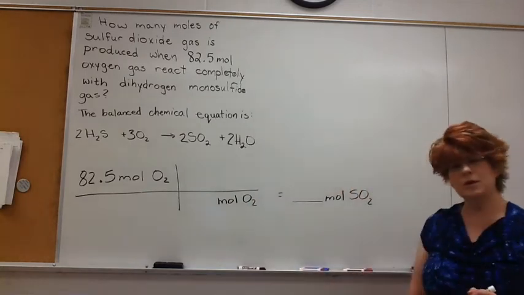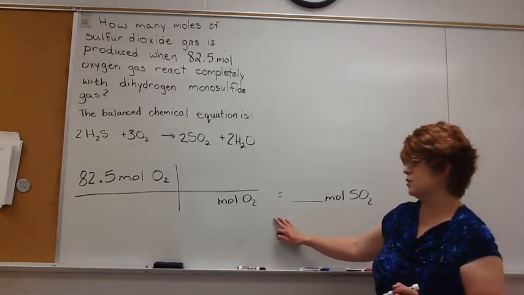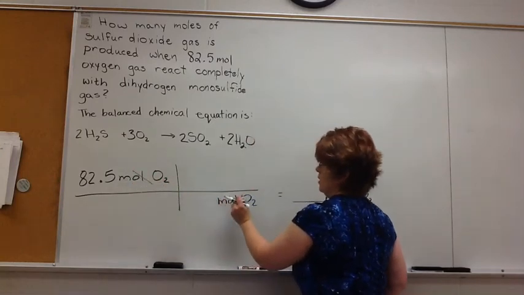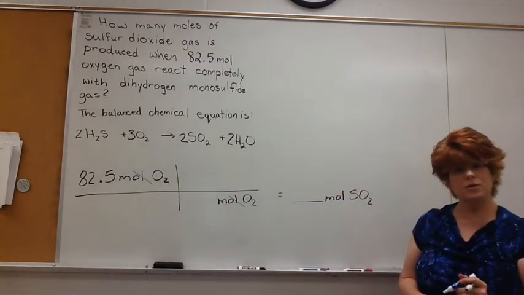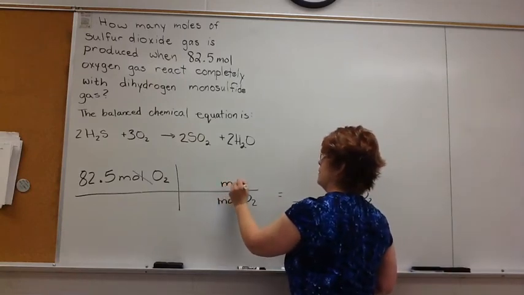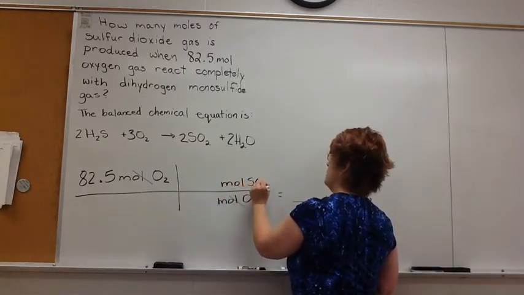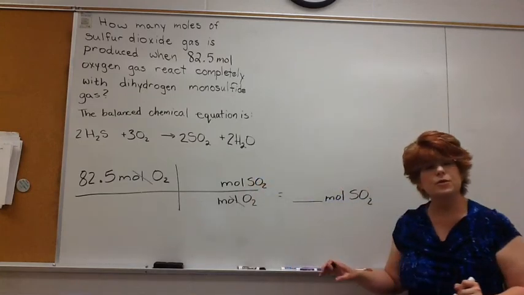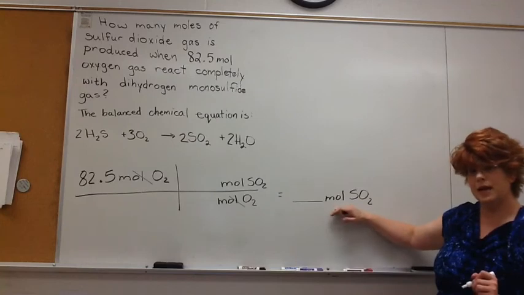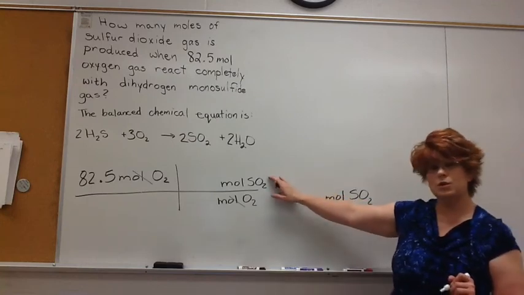Put moles of O2 in the bottom of this conversion factor so that I can cancel out moles of O2. Moles of O2 divided by moles of O2 is 1. I'm converting the units to moles of sulfur dioxide. That's what I need for my answer units. So that unit goes on the top.